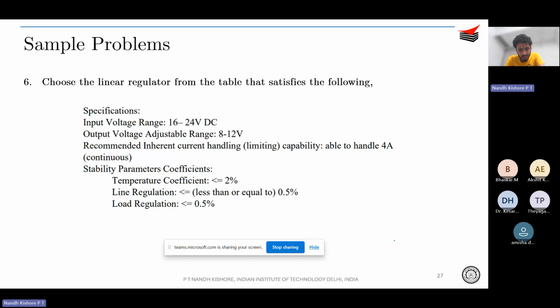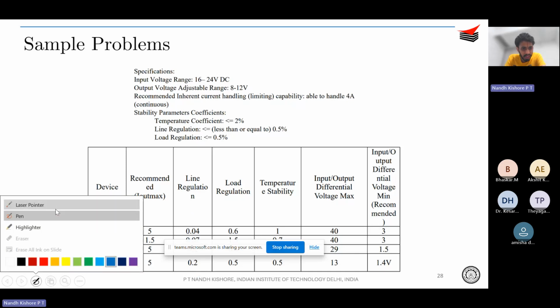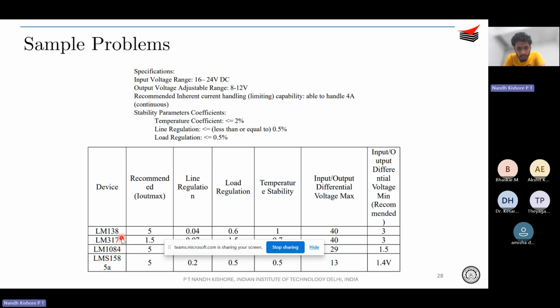Line regulation is less than or equal to 0.5%. And finally, the load regulation should be less than or equal to 0.5%. Okay. So in this table, they have actually given you 4 commercially available regulators. You need to choose which of the following best fits the given specifications.